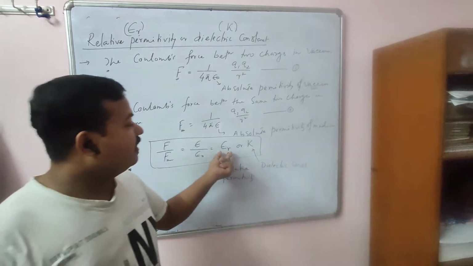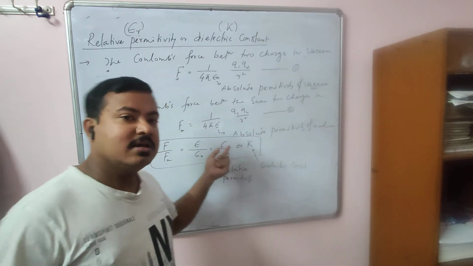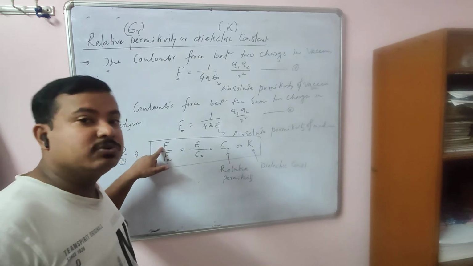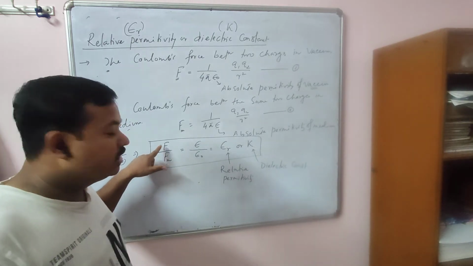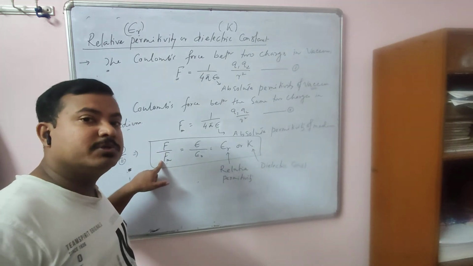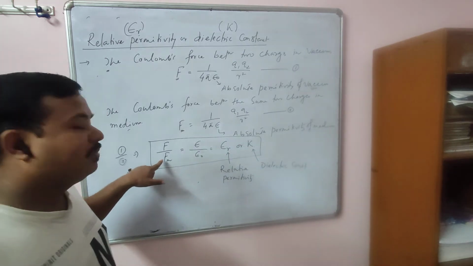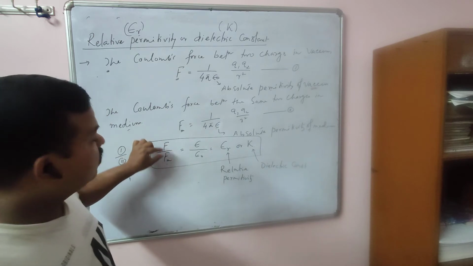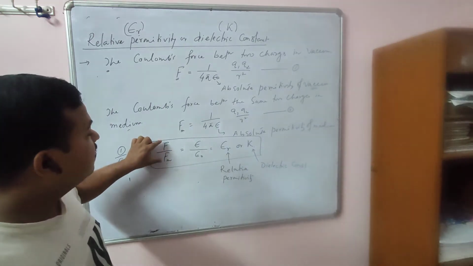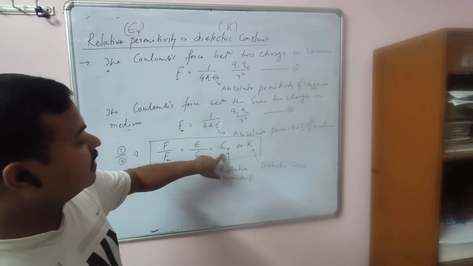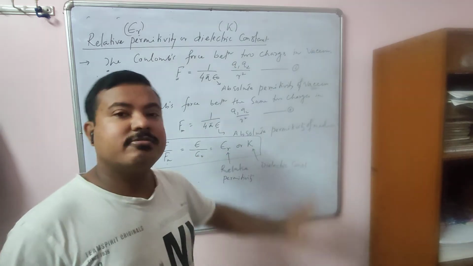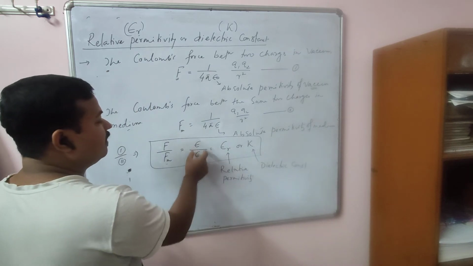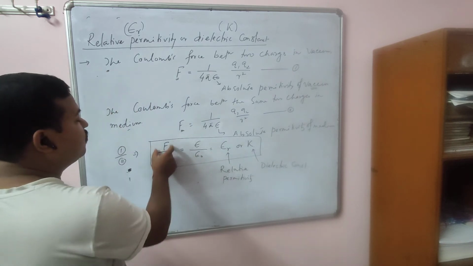So you can define the relative permittivity as the ratio of the Coulomb force between any two charges placed in vacuum to the Coulomb force between the same two charges placed in a medium. That ratio of force is also called relative permittivity or dielectric constant. Clear? So you can define these in terms of permittivity and also in terms of force.